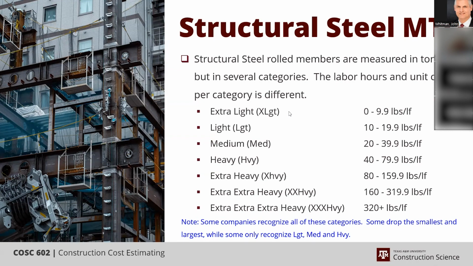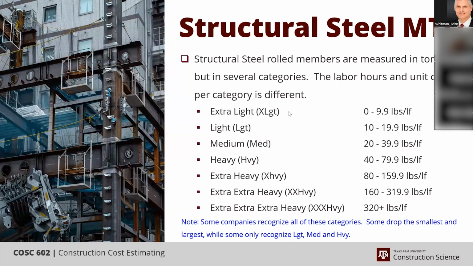We don't use rivets anymore except for special occasions. But the picking up, the rigging, and the movement and setting of those members take less time per pound as it gets heavier and heavier. And therefore, the hours per ton that you apply to each one of these categories increases as you move from the heaviest to the lightest.